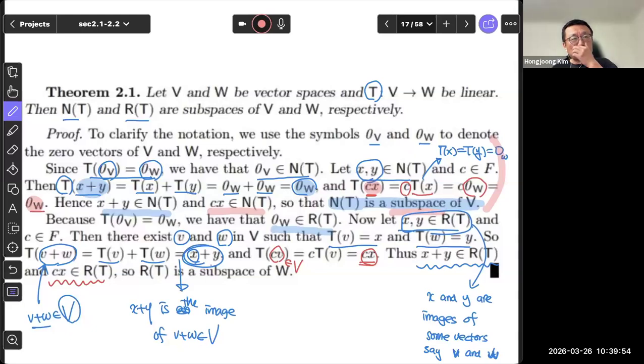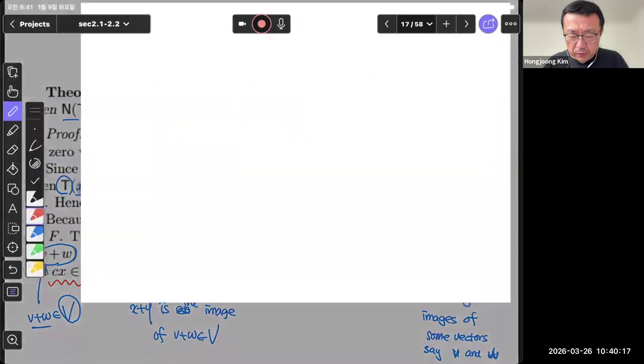So when I choose arbitrary vectors X and Y from the range, their sum is another image, and C times X is also an image of a certain vector. So the range of T will be a subspace of the codomain. So please be careful.